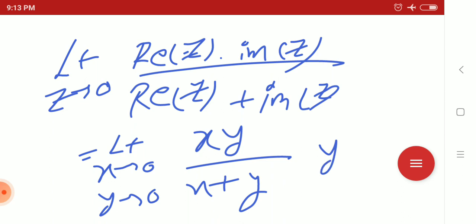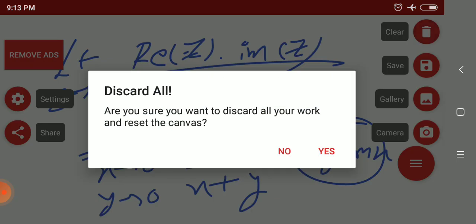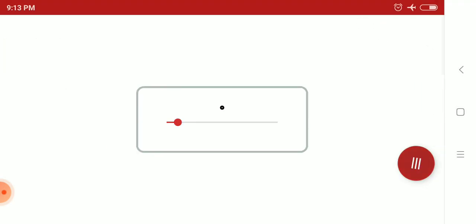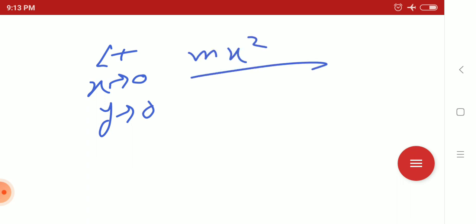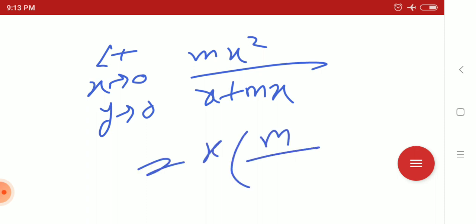Now if we put y equals mx, we get the limit as x tends to 0, y tends to 0, of mx square divided by x plus mx, which gives x times m divided by 1 plus m.